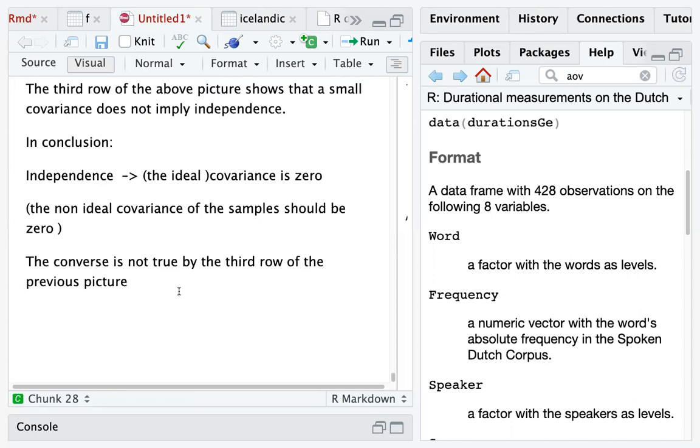Okay, now we finish with the correlation coefficient.